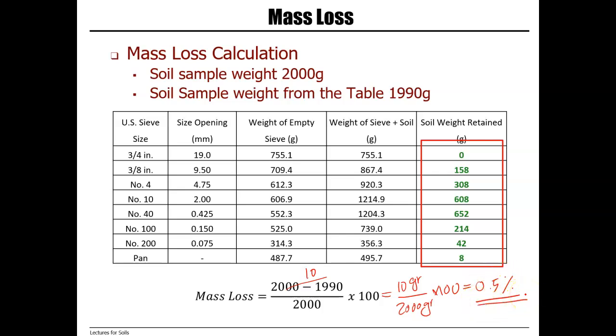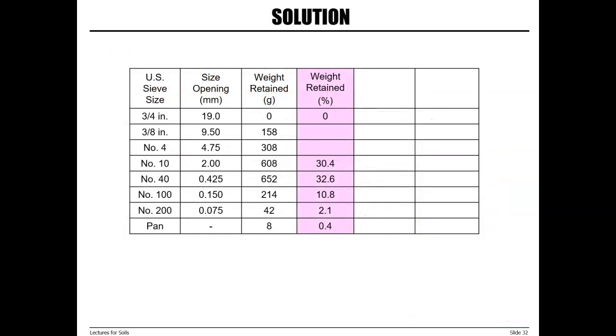As long as the mass loss is less than 2%, the result is acceptable. If the number is higher than 2%, then the result is not acceptable and the test needs to be redone.